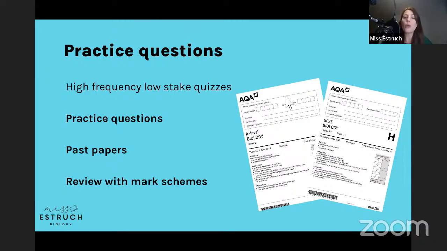And when you do the entire paper, you might want to do the first one not in exam conditions. So if you get stuck, have a look at your notes and don't do it in time conditions. Then progress to not using your notes, but not in timed conditions. And then progress to completely exam conditions, no notes, and sit down for the whole 2 hours and complete a paper.